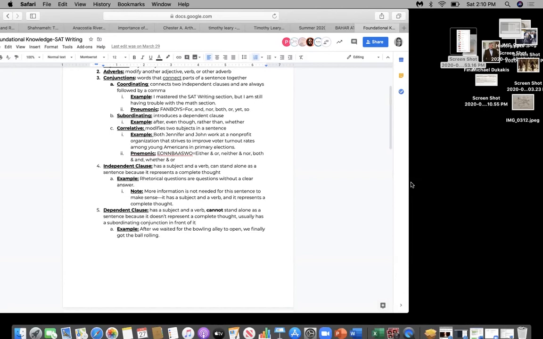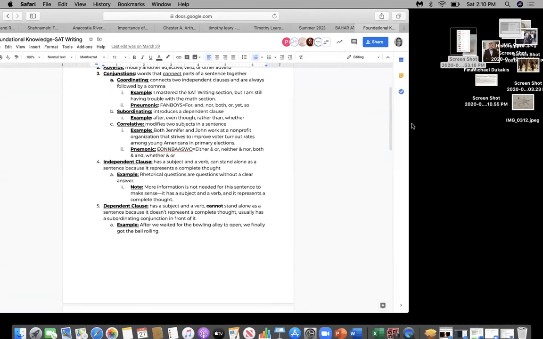I might say, after Jimmy Carter was president, Ronald Reagan. Something simple like this could definitely work. And that's a dependent clause.